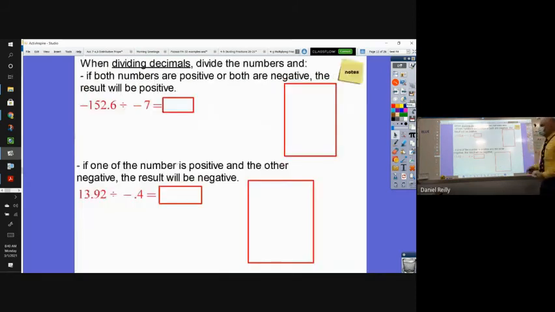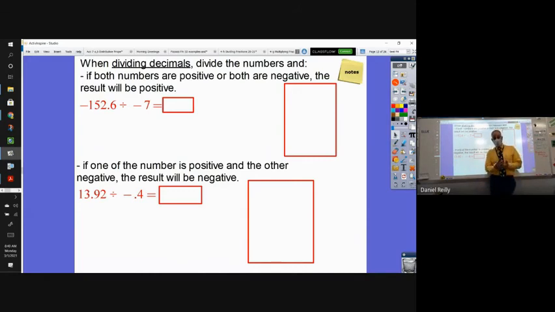But one thing you can think about, though, is if you divide this number by this little decimal, is your answer going to be bigger than 13.92 or smaller? You divide 13.92 by 0.4. Is your answer going to be bigger or smaller than 13.92? How many times does this little decimal go into 13?